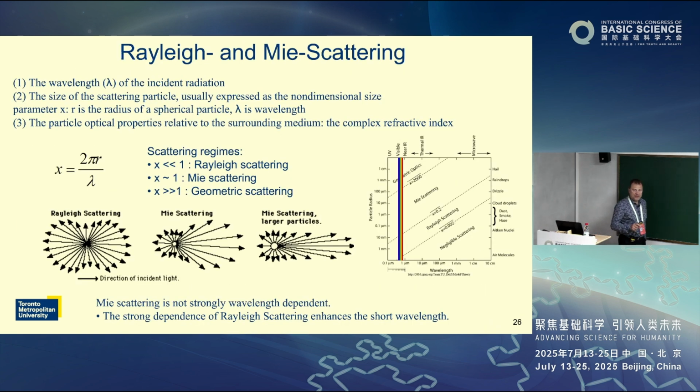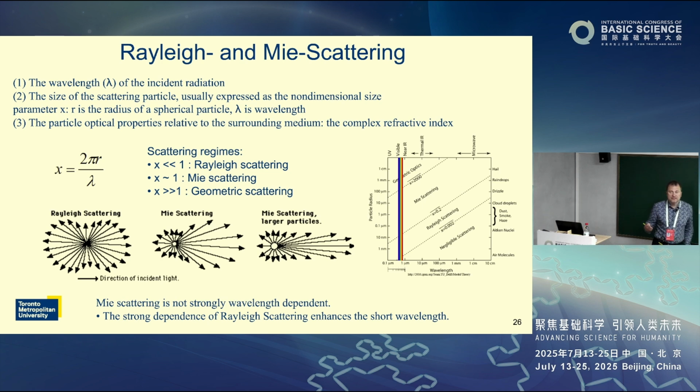Okay, now in terms of quality, so far we were talking about metrics of the scattering. In terms of quality, we have two types of scattering, and that's prescribed by the X factor, which is 2πr over lambda, where r is the radius of the object. If x is much less than 1, we're dealing with Rayleigh scattering. It means very small objects produce Rayleigh scattering, and Rayleigh scattering is proportional to the fourth power of the wavelength.